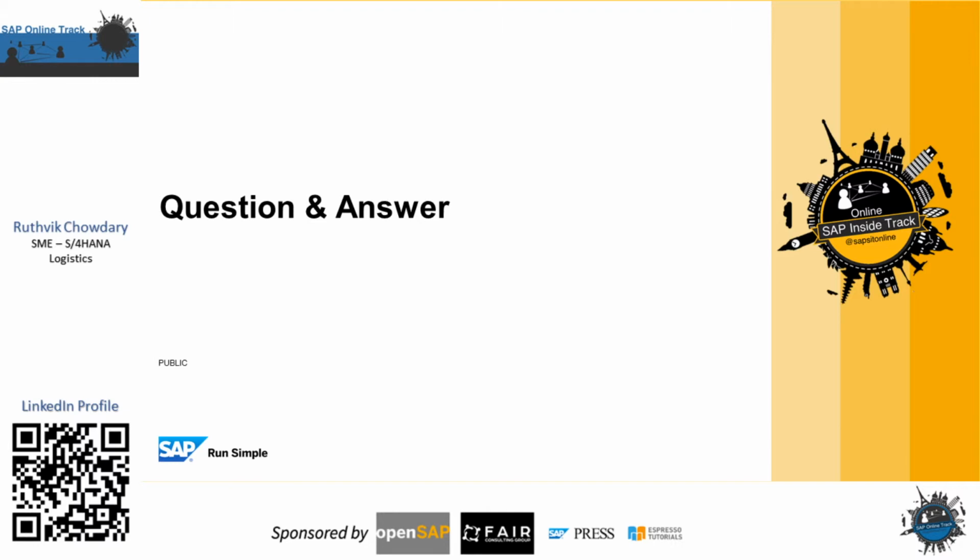So that's the reason. But PPDS and S/4HANA both have separate MRP types. For DDMRP, you should have MRP type D1 only. As of now, there is no common MRP type for both usages, so both usages cannot be done together.